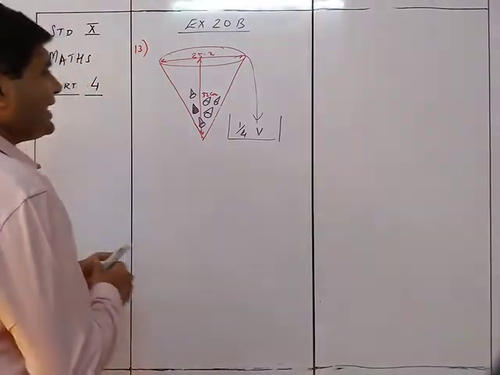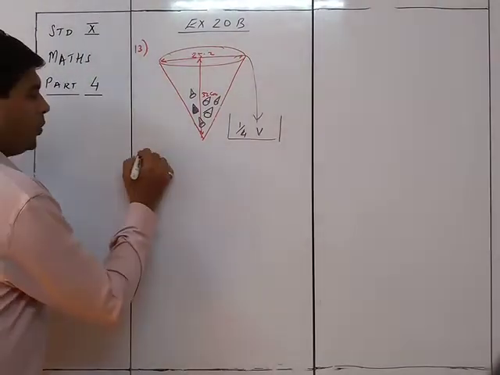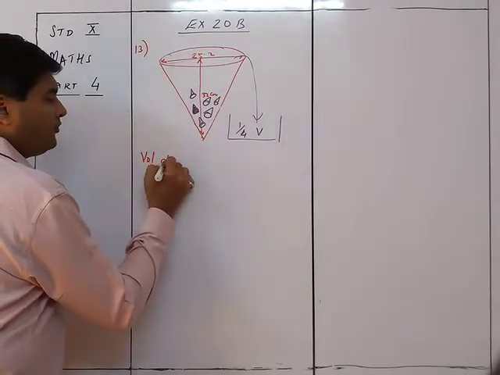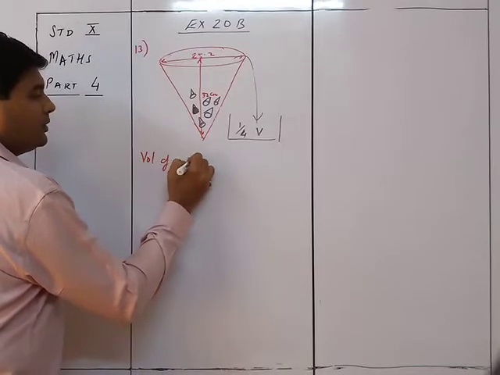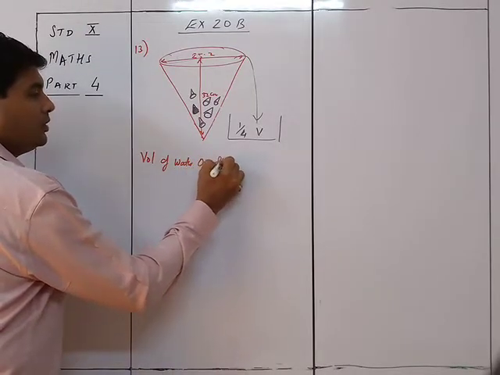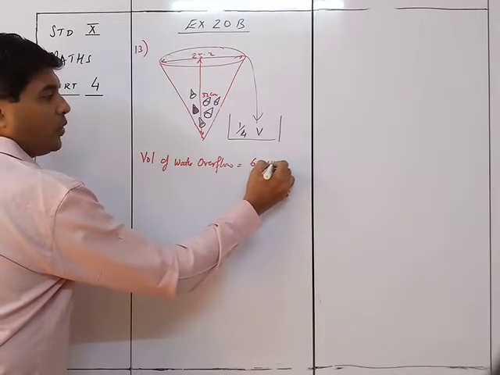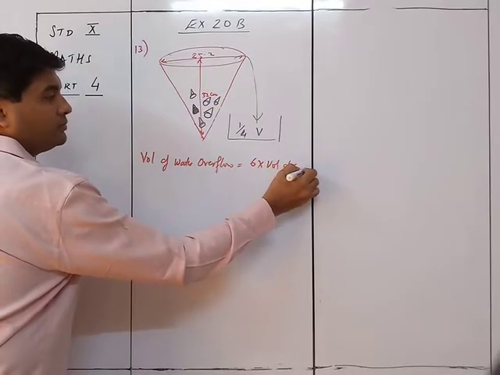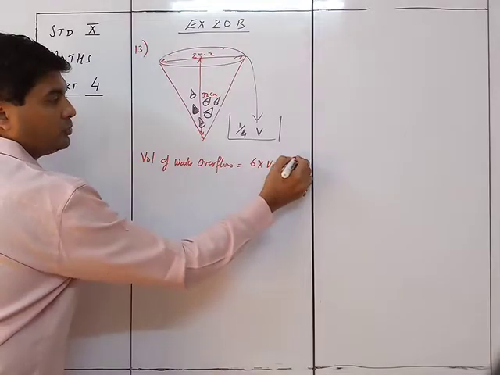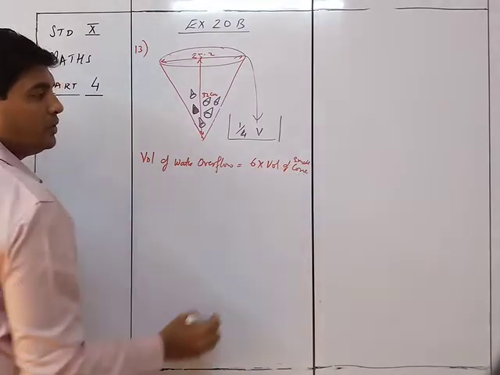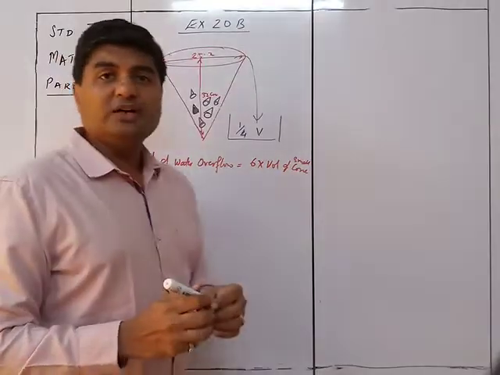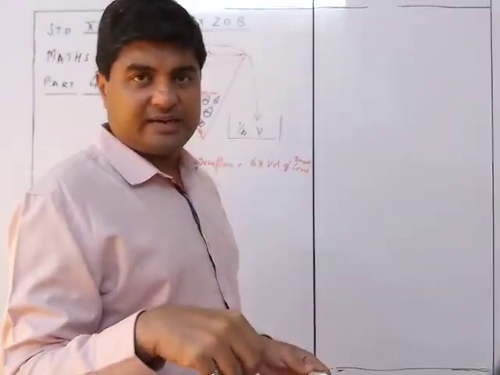So we can directly write over here that volume of water overflow is equal to 6 into volume of small cone. Okay, 6 into volume of the small cones which are inserted inside.